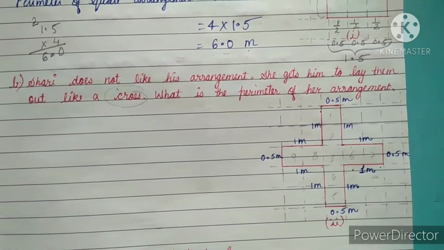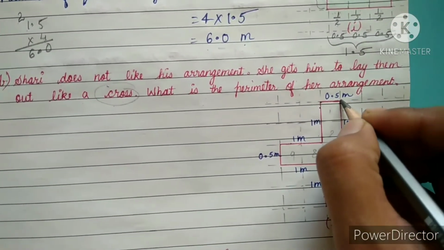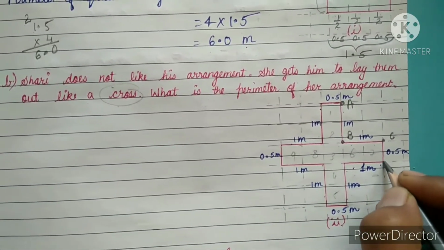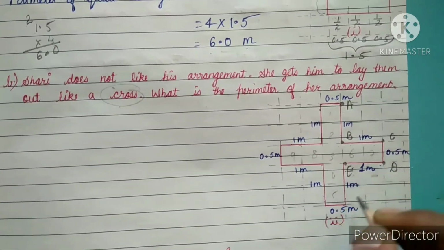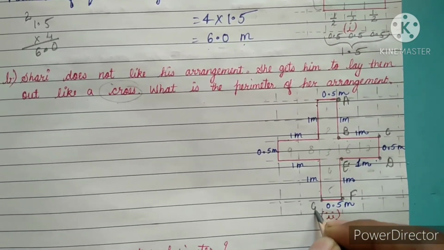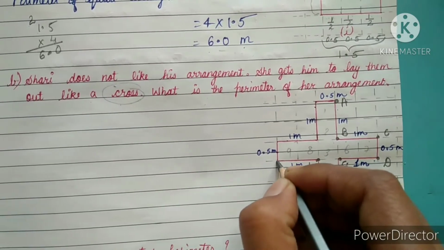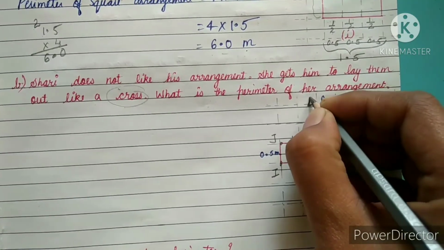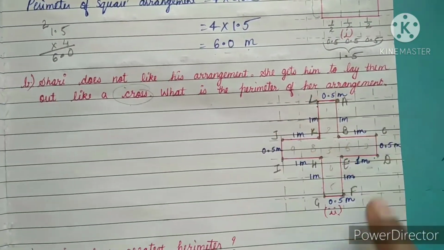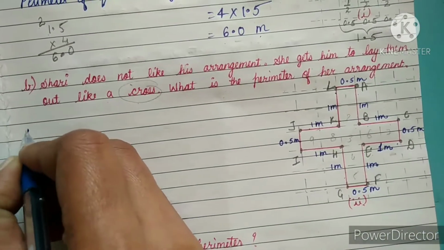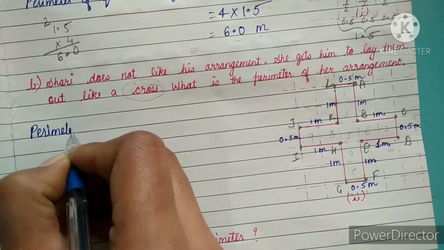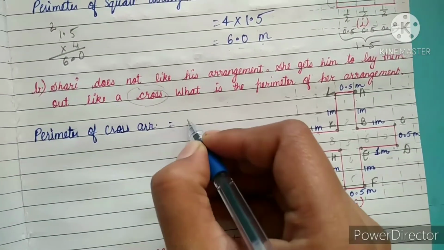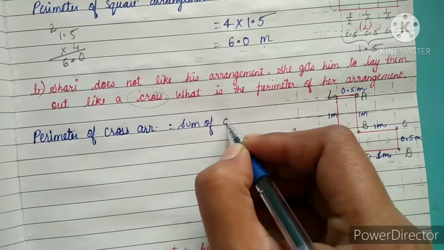So firstly we will put the vertex names. This is A, B, C, D, E, F, G, H, I, J, K, L. These are the vertex names. Simply, the formula for the perimeter of the cross arrangement is the sum of all sides.